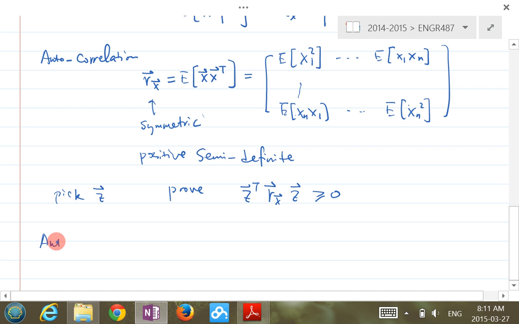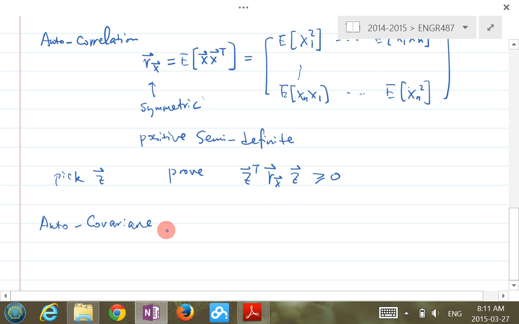Then we have this autocovariance here. For autocovariance, you're looking at the covariance of the random vector x with itself. Let's write it as Cx.